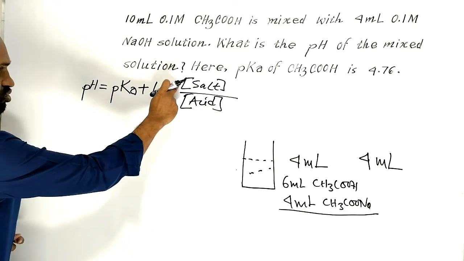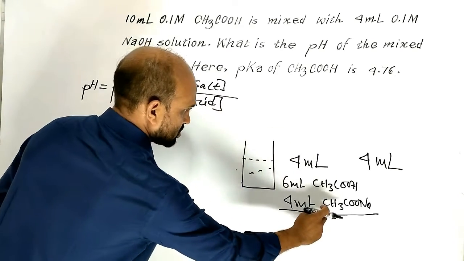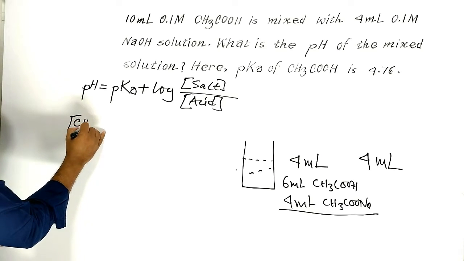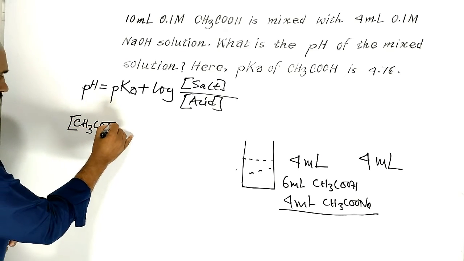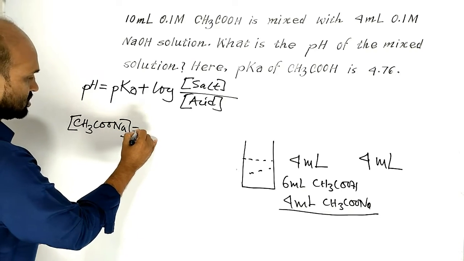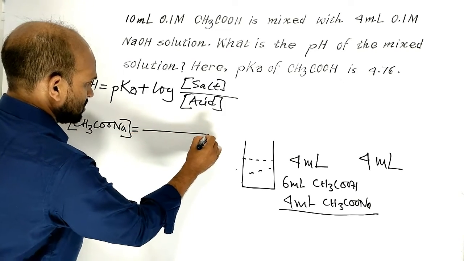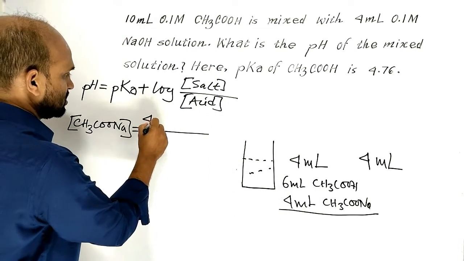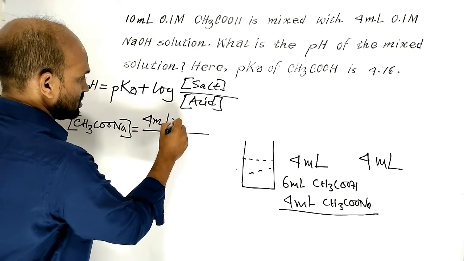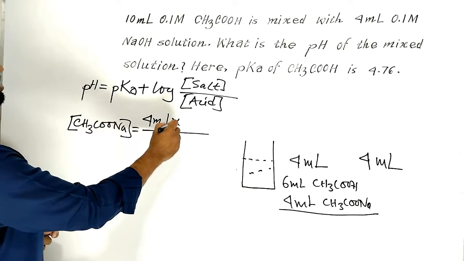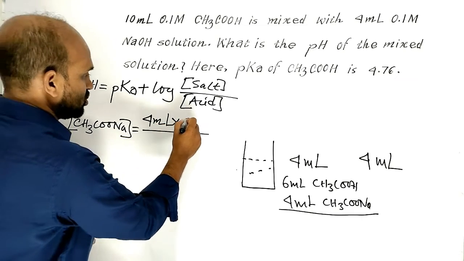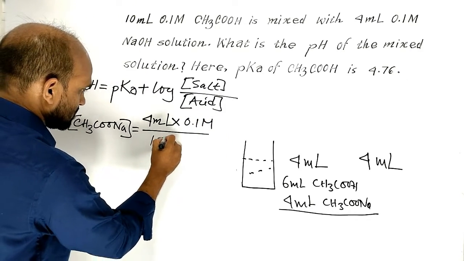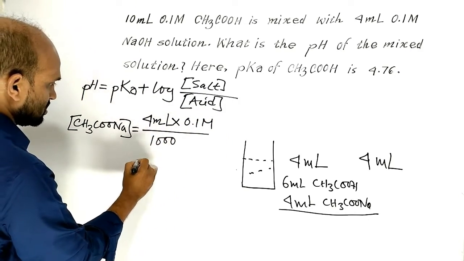Here, what is the concentration of salt? Let's try to calculate. Concentration of salt is equal to amount of salt 4 milliliter, its concentration is 0.1 molar, divided by 1000.